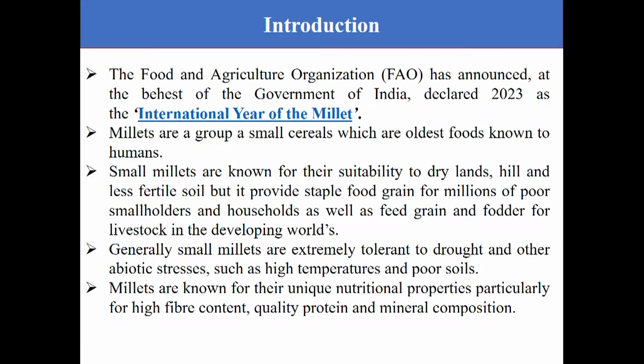Generally, small millets are extremely tolerant to drought and some abiotic stresses, such as high temperature and poor soil quality. Millets are known for their unique nutritional property, particularly high fiber content, quality protein, and mineral composition.